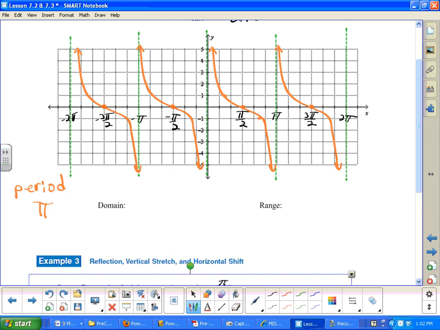Okay. The domain: t cannot equal, where are my asymptotes at? Okay. All forms of pi, so pi n. Okay. And how about the range? All real numbers.